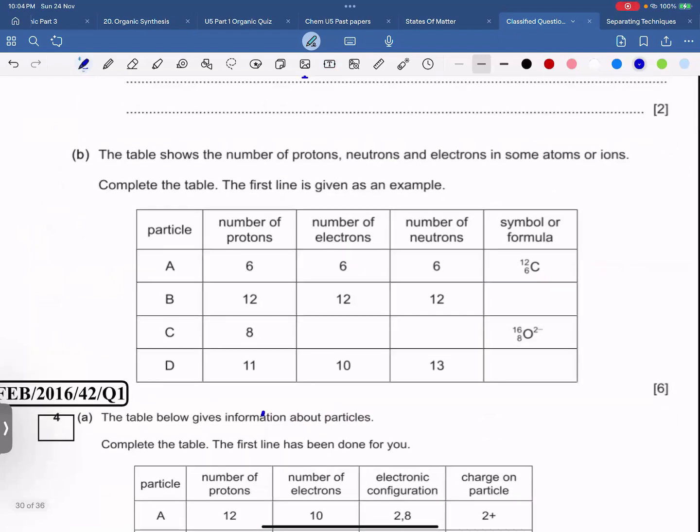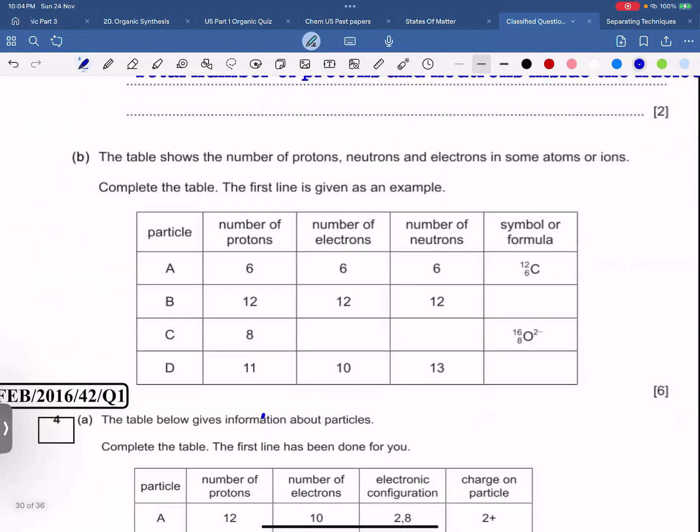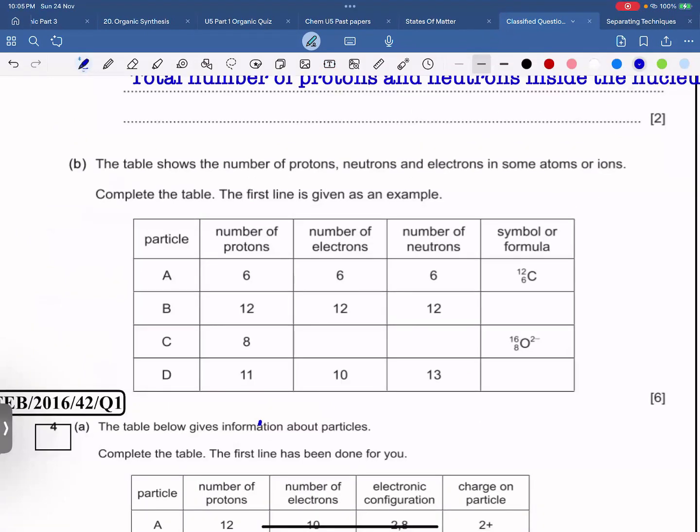So it's going to be carbon, 6 and 12. 6 is the atomic number and 12 is the atomic mass, which is protons plus neutrons. And then for the second element, identify the element by its ID, which is the proton number. From the periodic table, it's going to be magnesium with proton number 12.